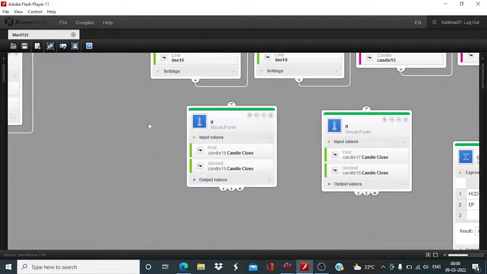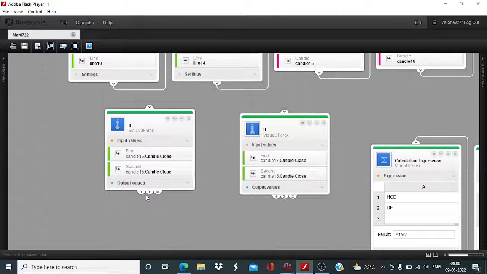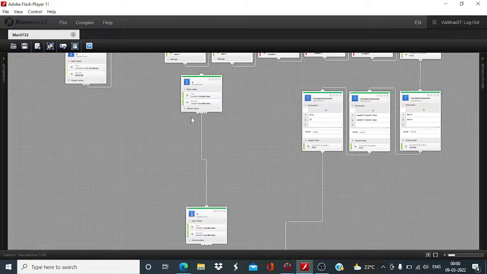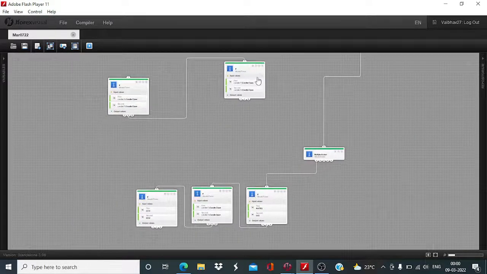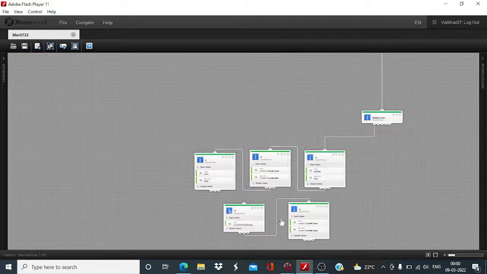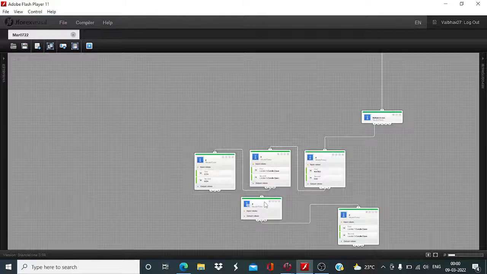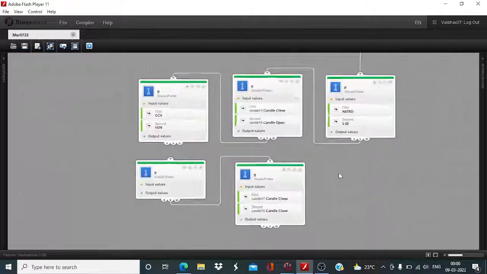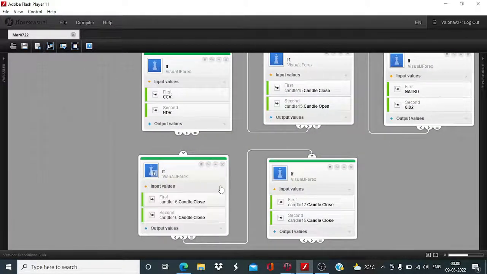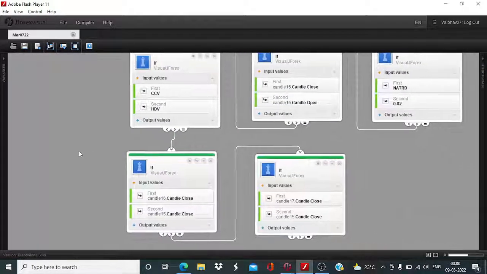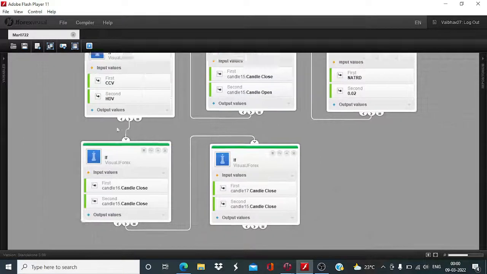Alright, so we have these two conditions in place now. First input in this case will need to be greater than second input. Here also the same condition needs to be defined, first input greater than second input.